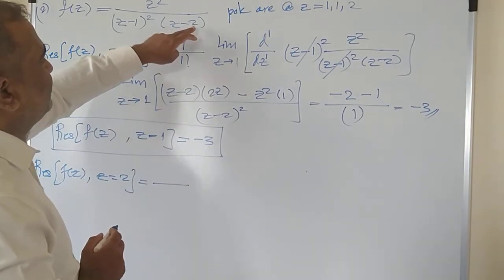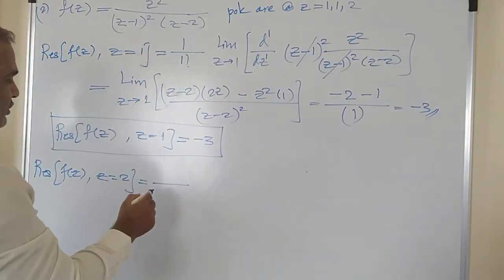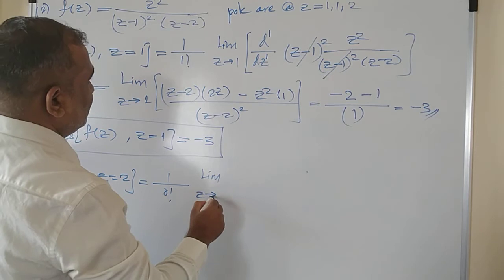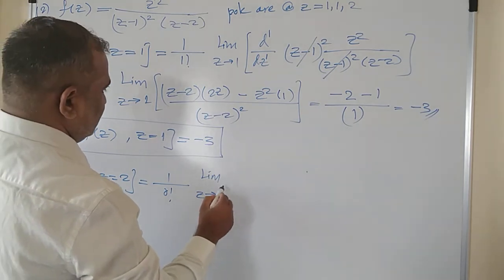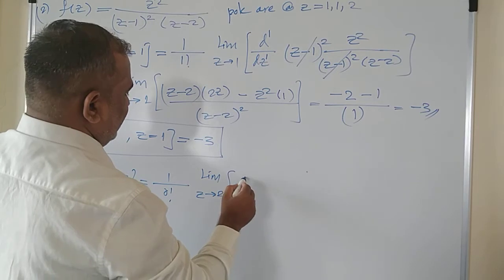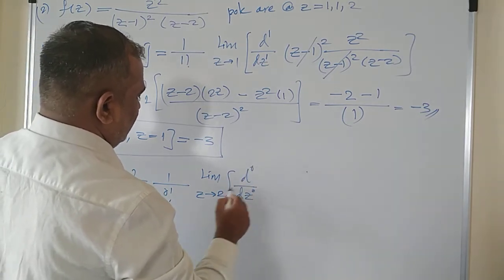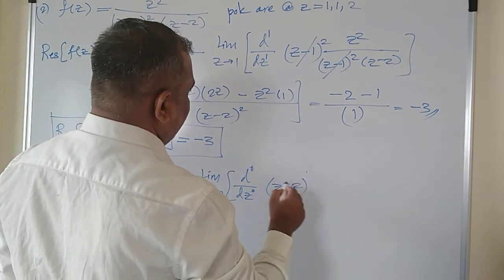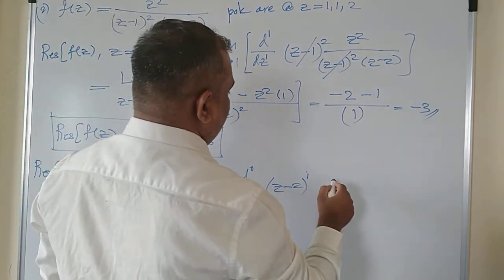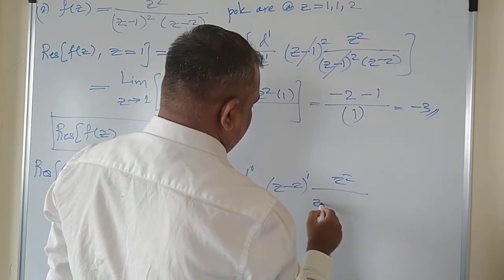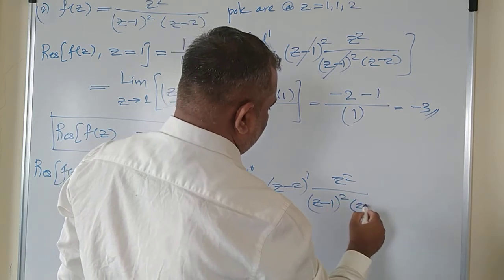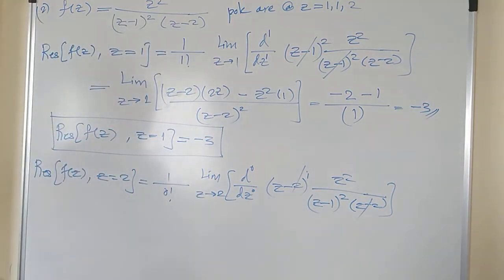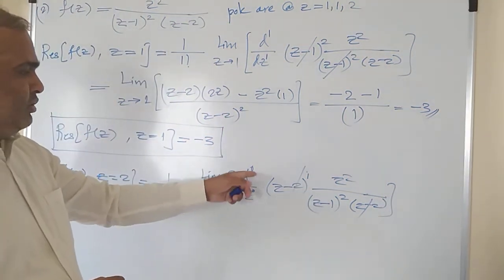For a pole at z equals 2, which has order 1, so 0 factorial, right? 1 upon 0 factorial into limit z tends to a, which has a value equal to 2, into the n minus 1th derivative, that means the 0th derivative, of z minus a raised to power n, that means 1, into f of z, which is z square divided by z minus 1 bracket square into z minus 2. So this gets cancelled, and here you need not take the differentiation also because it is the 0th derivative.